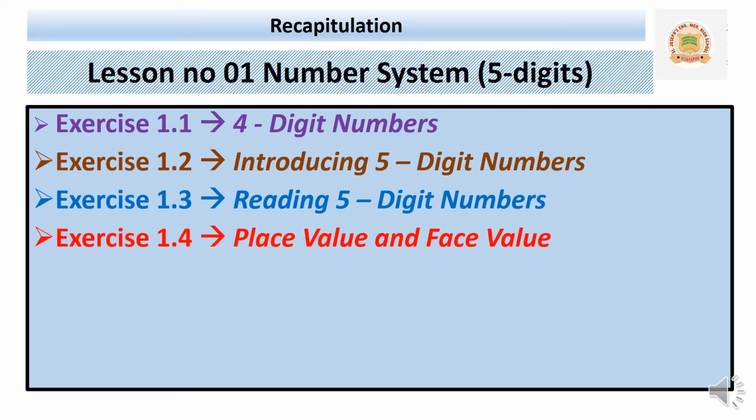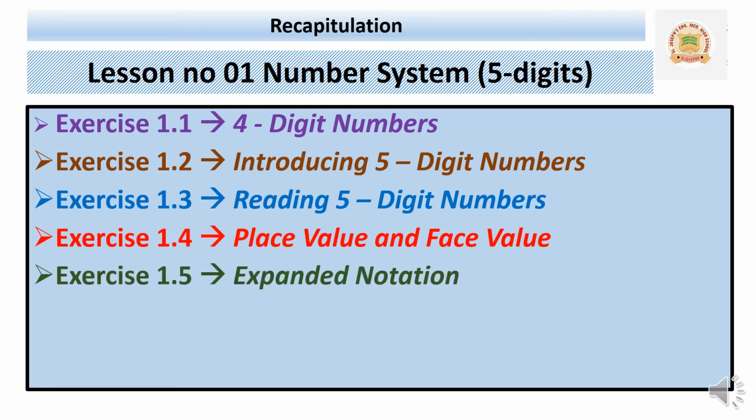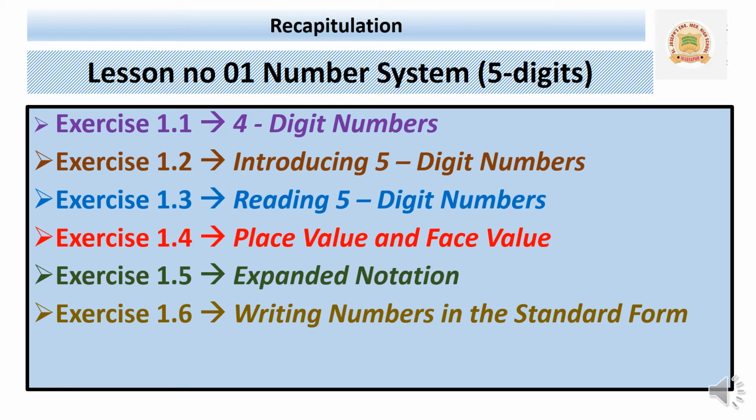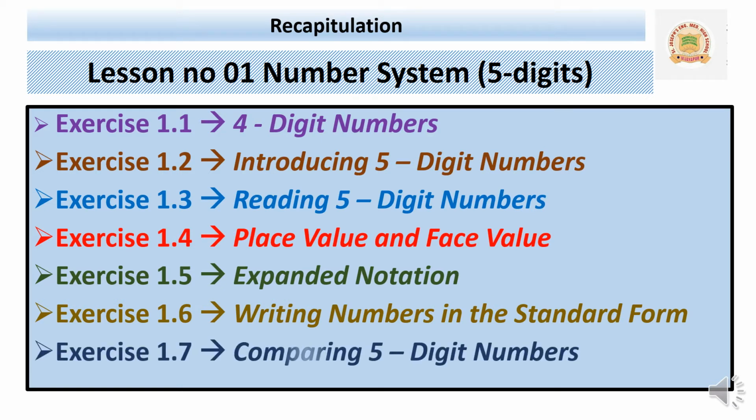Fourth exercise, place value and face value chart. Fifth exercise, expanded notation. Sixth exercise, writing numbers in the standard form. And the seventh exercise, comparing 5-digit numbers. These all things in lesson number 1 we have learnt in the earlier sessions.